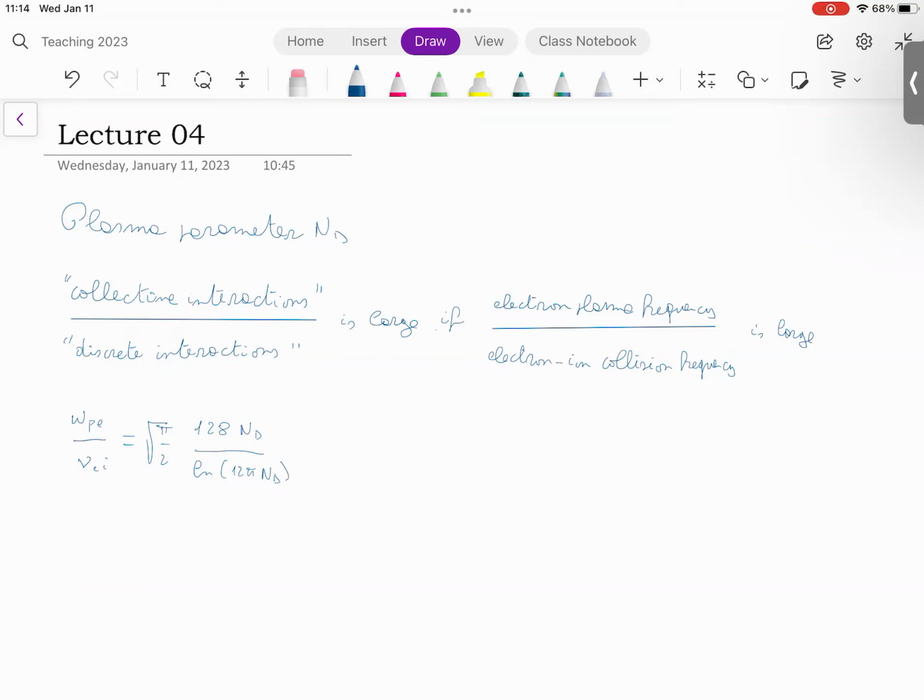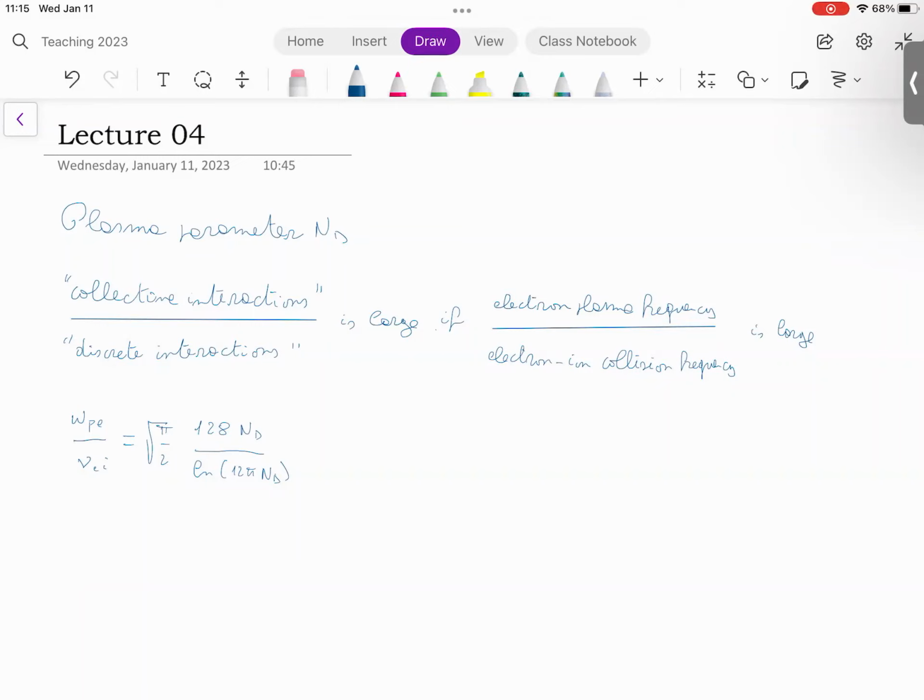In practice, if the electron plasma frequency is much larger than the collision frequency, then we see a lot of oscillations with the plasma frequency before we see a collision.